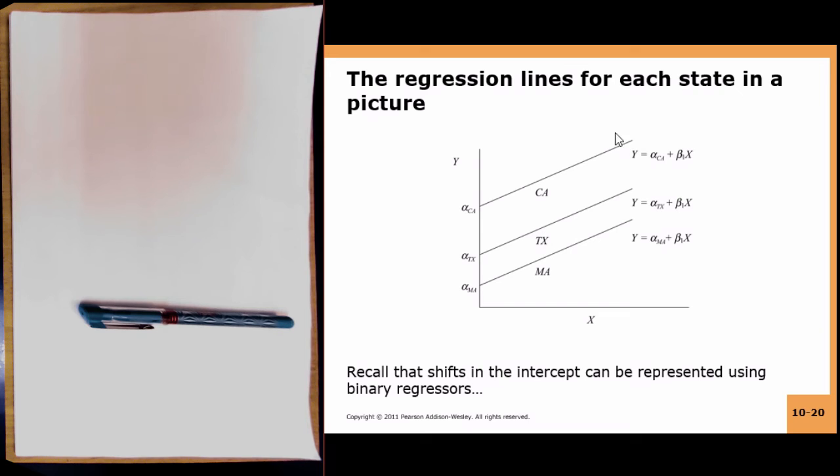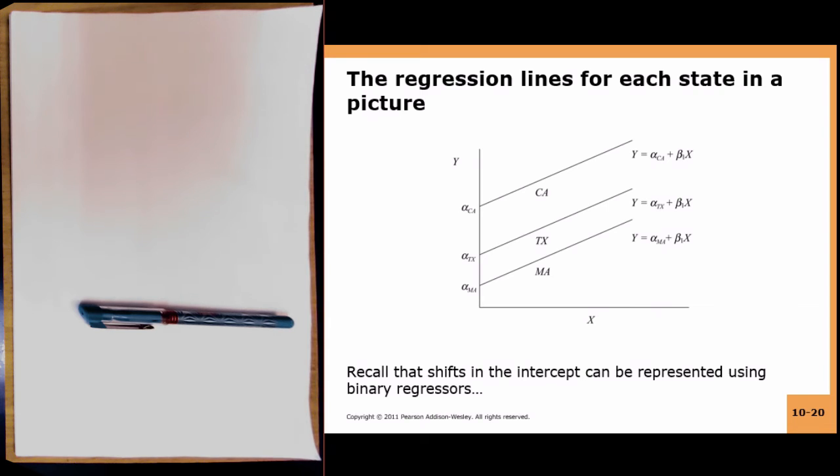This may remind you of other cases where we have used dummy variables. For instance, we used a dummy variable for gender when we were looking at the effect of the number of years of education on the income that an individual earns, and we added a dummy variable for whether that individual was a man or a woman.